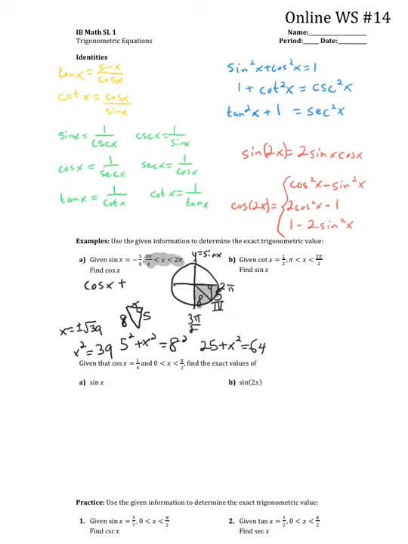But because we already talked about we're in quadrant 4, based on the hint that was given to us at the very beginning, 3 pi over 2 to 2 pi, we know cosine is going to be positive, so we don't need to worry about this plus or minus. We just say the x value is going to be square root of 39. So we can label that on our triangle. So cosine would be square root of 39 over 8. That's how we'd write down our final answer here.